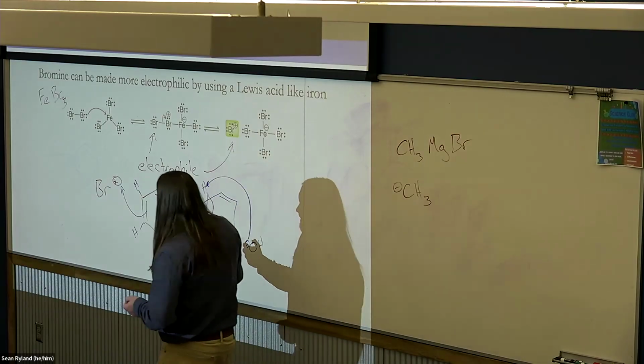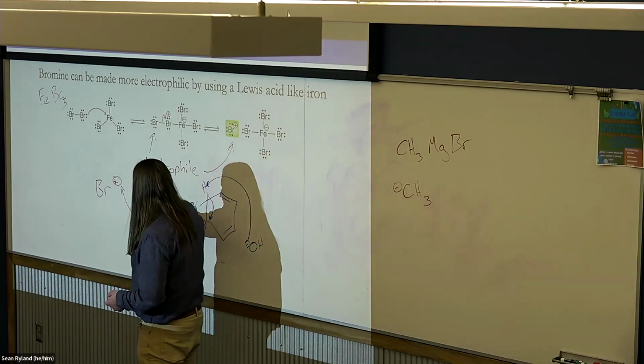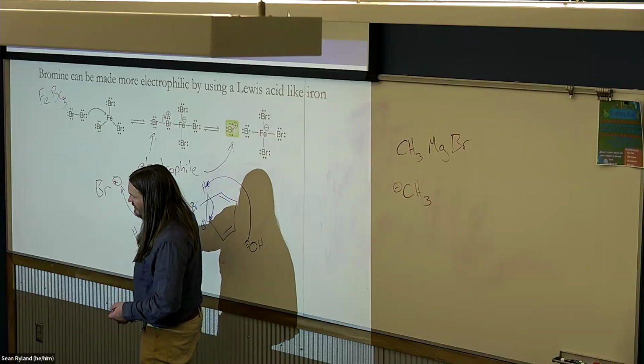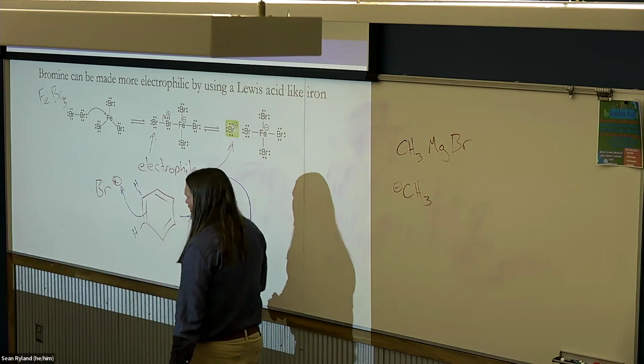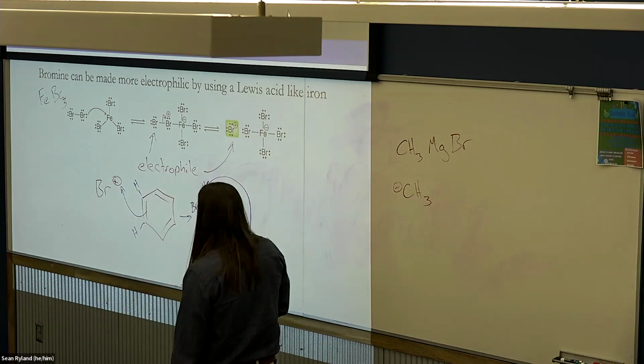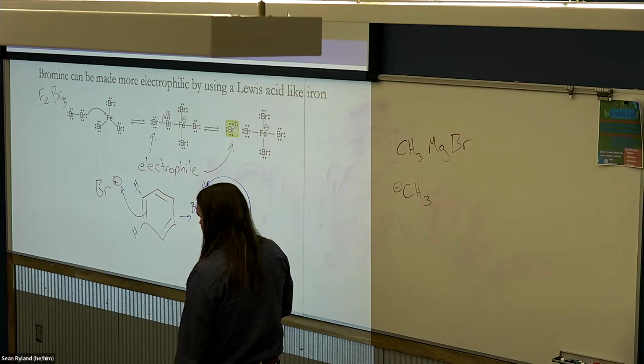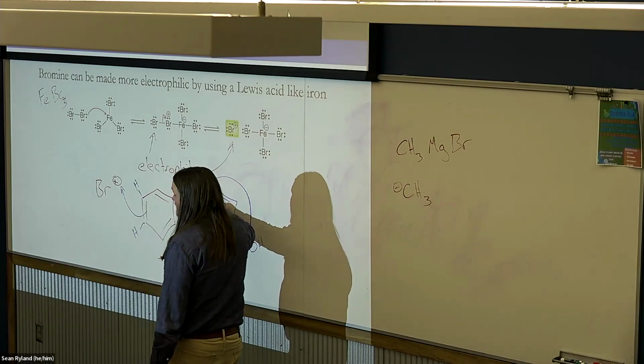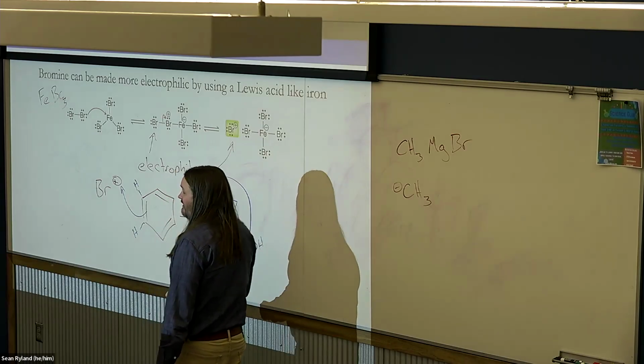The electrons that were part of the carbon hydrogen single bonds turn into the electrons that are back as part of the aromatic ring. And it goes to the plus, which creates another double bond.